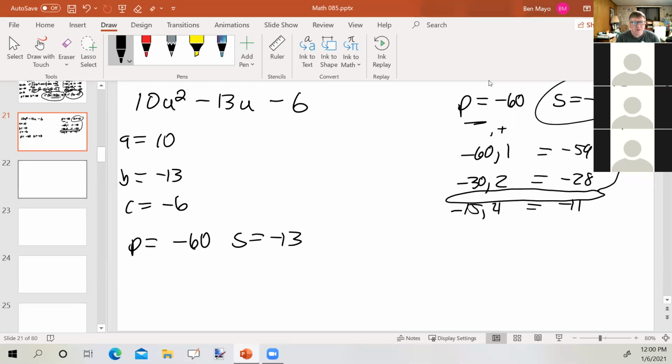So that means the two numbers I'm looking for, one of them has to be between -30 and -15, and one of them has to be between 2 and 4. Well, there's a bunch of numbers between -30 and -15, but there's only one between 2 and 4, and that's what, 3?